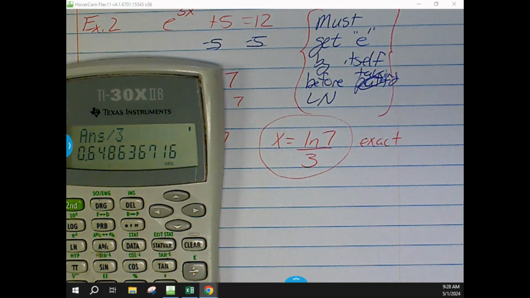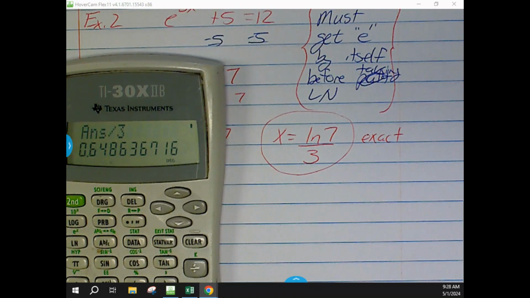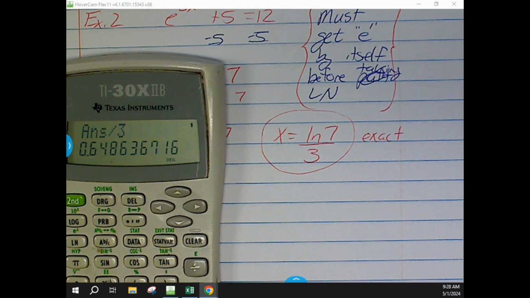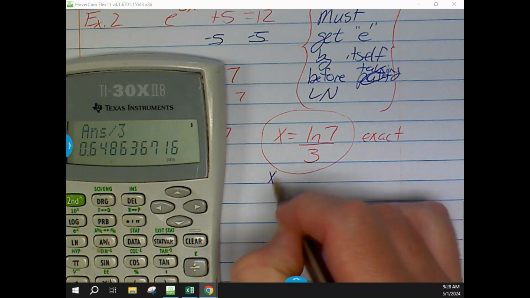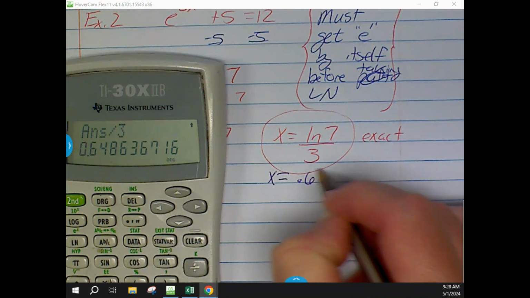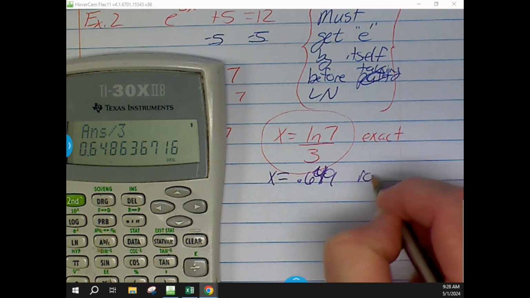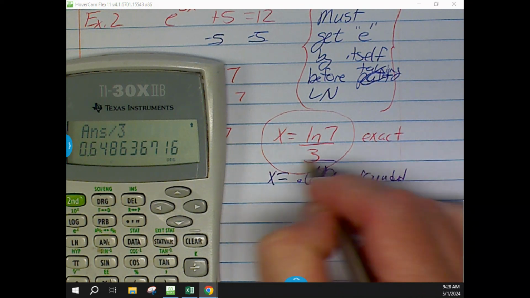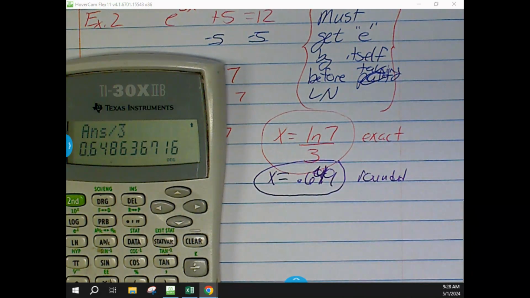It'll be 0.6486, or if we round off 3 decimal places, 0.649. Okay, everybody get 0.649, or anybody not get 0.649?